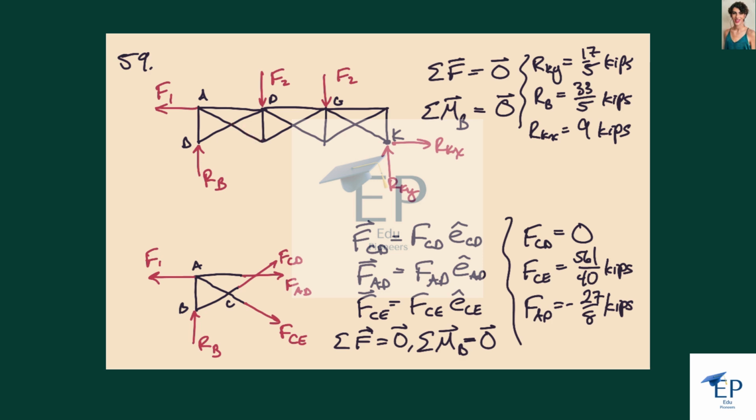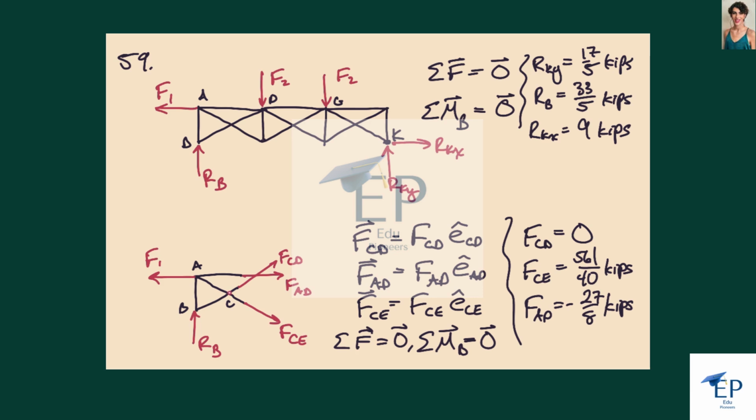Once we write all those down, we can easily write these in vector notation, and then we can just sum the vectors and set that equal to 0, and that'll give us two scalar equations, one for X and one for Y. And then we can take the moments.